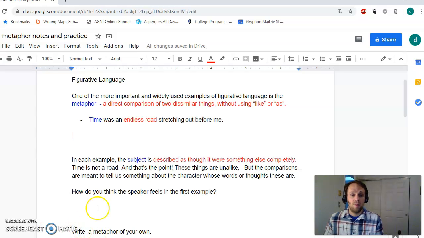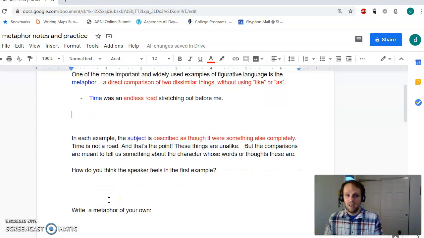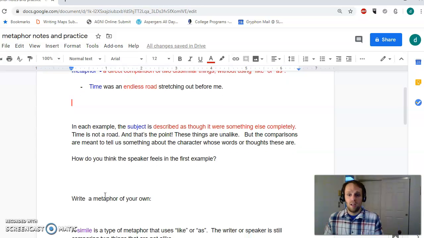These comparisons are meant to tell us something about the character whose words or thoughts they are. So assuming that this is from a larger work of fiction, we can speculate as to the character's state of mind based on this. If time is being described as an endless road, what are the implications of that?